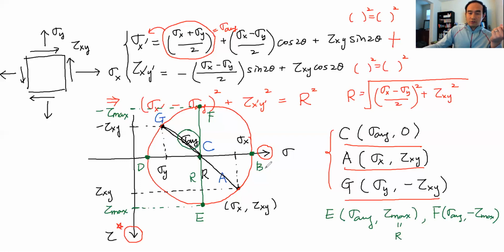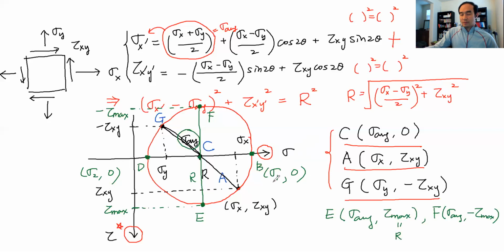The corresponding sigma at point B is called sigma 1, and the y coordinate is 0. The corresponding normal stress at point D is called sigma 2, and the y coordinate is 0. These two special maximum and minimum normal stresses are called principal stresses, which I mentioned in the previous video.